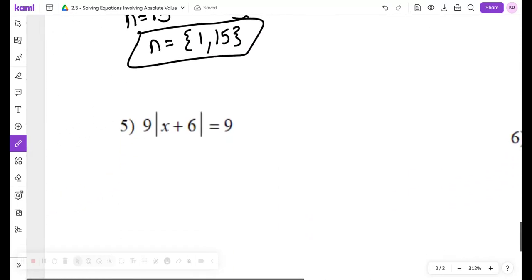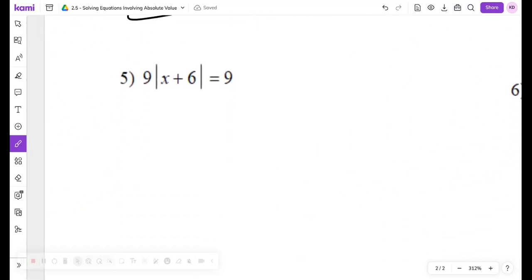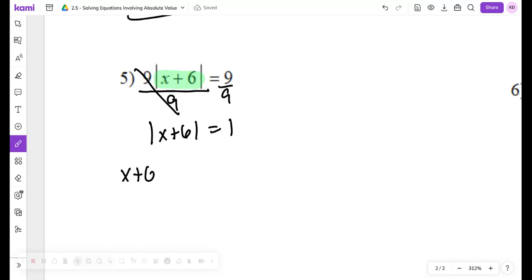Pause, work on number 5. All right, number 5. We have inside my absolute value bars, x plus 6. So I'm going to go in. I need to get rid of this 9. So I'm going to divide both sides by 9. So the absolute value of x plus 6 is equal to 9 divided by 9 is 1. I can make two equations. X plus 6 equals 1.